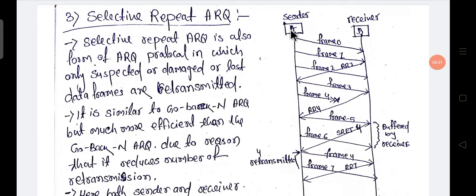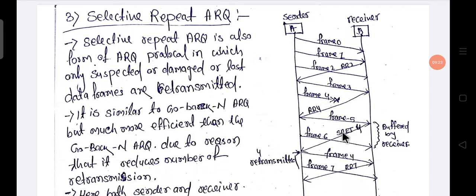It is the same as Go-Back-N ARQ, but the difference is that when some error occurs in a frame, it retransmits only that frame which is in error. Here, frames 0, 1, 2 are transmitted, one acknowledgement is there, then frame 3 is transmitted and frame 4 is in error. Then frames 5 and 6 are transmitted.